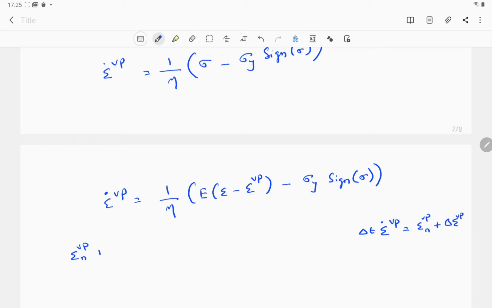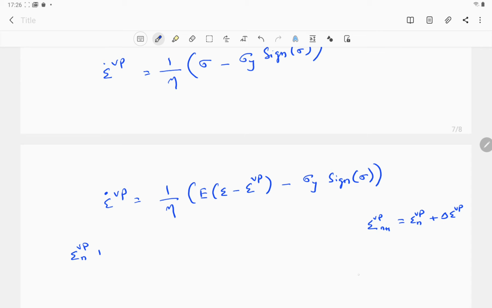Okay, I have made a mistake. Let me make it clear. So epsilon Vp at the n plus 1th time step is equal to epsilon Vp at the nth time step plus delta epsilon Vp.